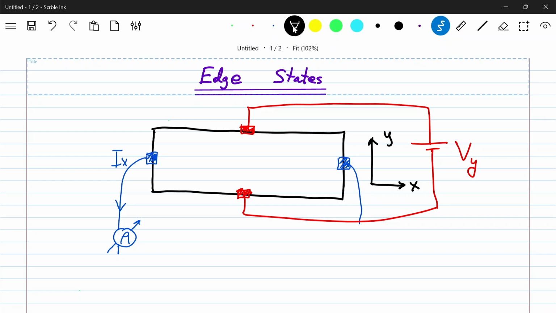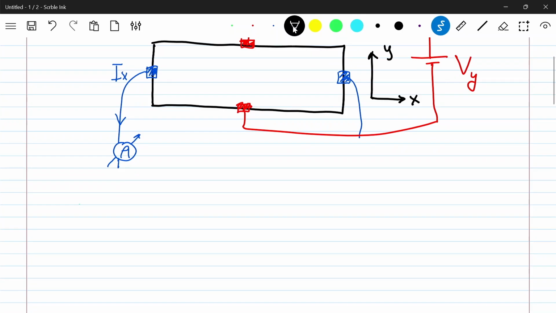So this is the setup, and now to analyze what's going on in the system, let us first understand what we mean by putting a voltage bias. What is a battery doing? What is a voltage bias doing?